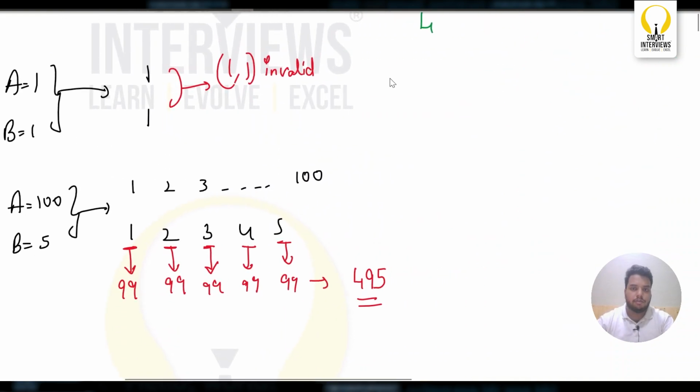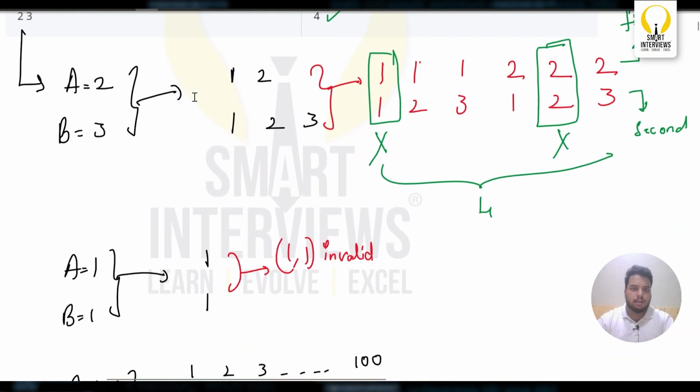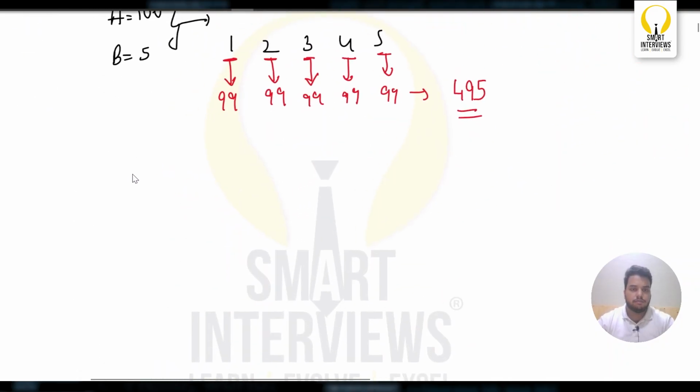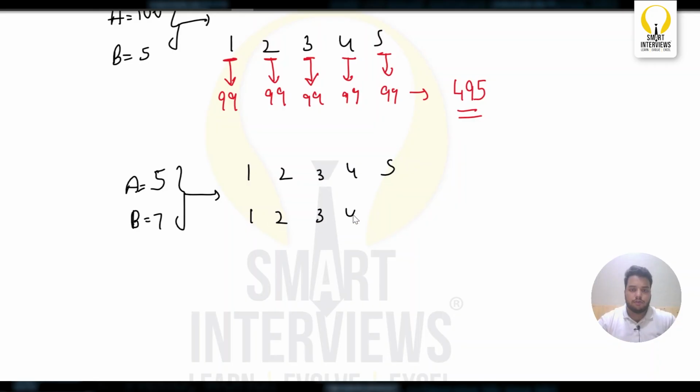The pattern you can observe is, let's say my A is 7, B is 5. For the first layer, 1, 2, 3, 4, 5, 6, 7, and for the second layer, 1, 2, 3, 4, 5.